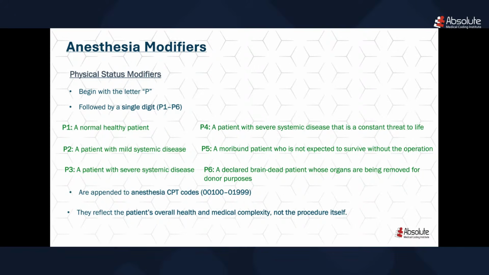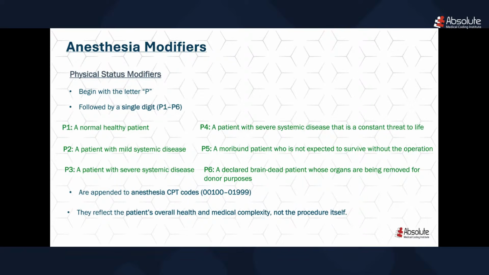P3 indicates a patient with a severe systemic disease. The condition limits the activity and increases the risk. The patient is not in immediate danger, but definitely not stable enough to be considered mild. Next is P4. P4 represents a patient with severe systemic disease that is a constant threat to life. In other words, their condition is unstable and life-threatening even without a surgery.